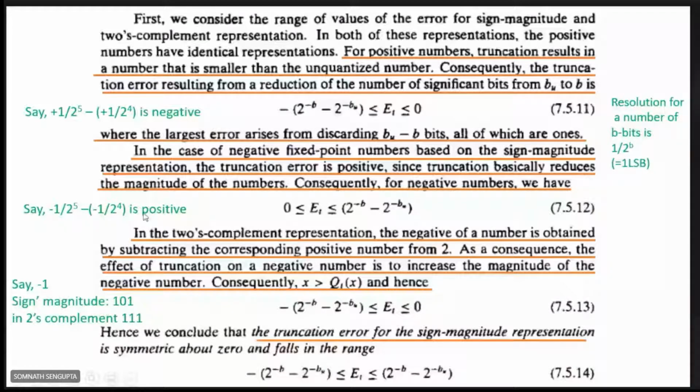It is 1 by 2 to the power 4 minus 1 by 2 to the power 5. So the truncation error for sign magnitude representation ranges from minus 2 to the power minus b minus 2 to the power minus bu, to plus 2 to the power minus b minus 2 to the power minus bu. This is the range of truncation error.